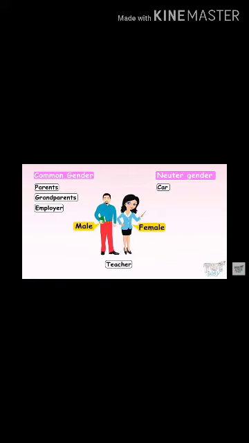Grandparents will go to common gender. Okay, now employer. Employer can be a male or a female also. That will be common gender. Now car. Tell me about car. Is car a common gender or a neuter gender? No, it's neither a male nor a female. So it will go under neuter gender.